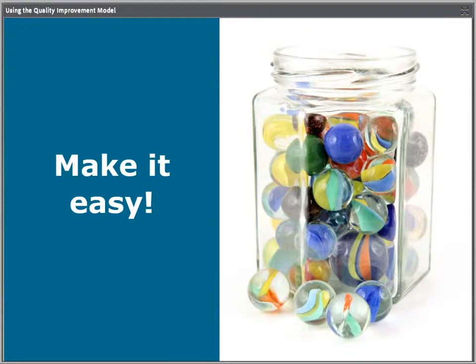And then someone came up with a bright idea of, as a patient goes to radiology, let's put a ball in the jar. And by the end of the day, we count up the number of balls in the jar. So this was a really quick, easy way of collecting that information. I'd encourage you to be creative on your data collection. Try and think of easy ways of doing it. Chances are someone's doing it off the side of their desk.